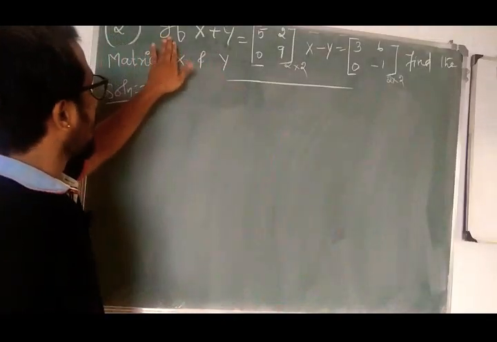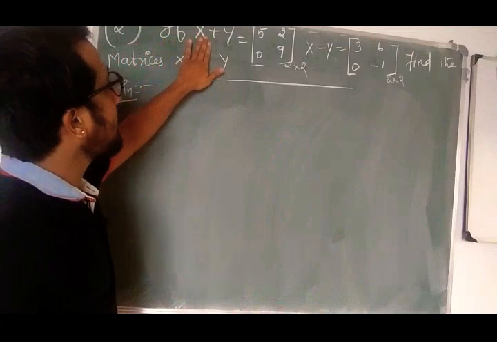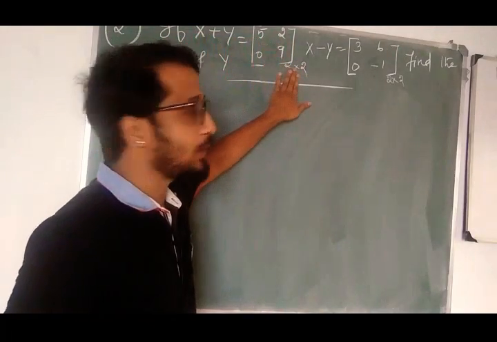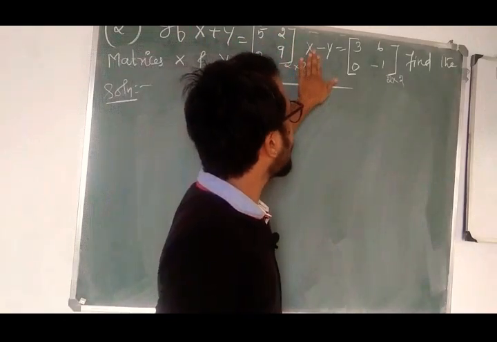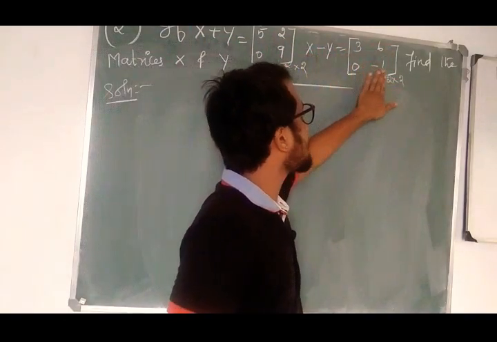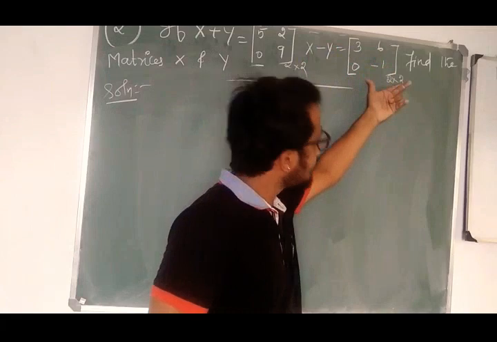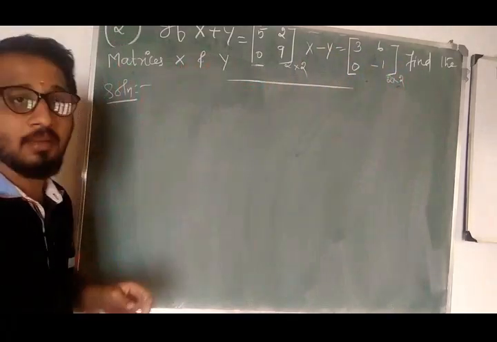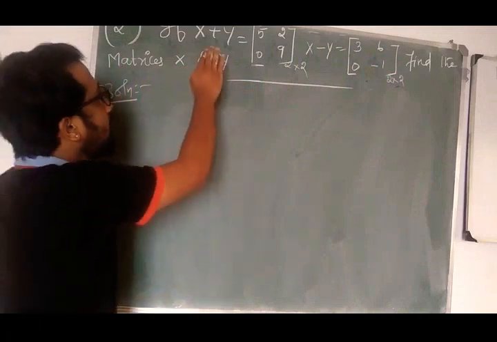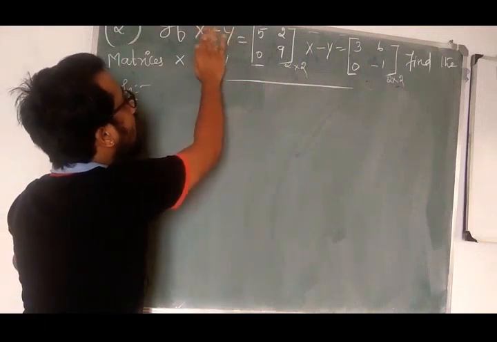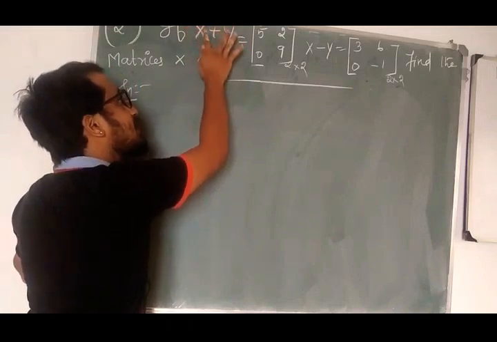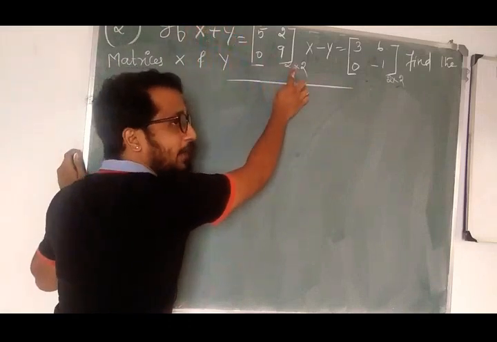Second question: if x plus y is equal to [5, 2; 0, 9], the order of this matrix is 2 by 2, and x minus y is equal to [3, 6; 0, -1], order of this matrix is also 2 by 2. Find the matrices x and y. Listen here, from the question, after adding the two matrices x and y, you got 2 by 2.